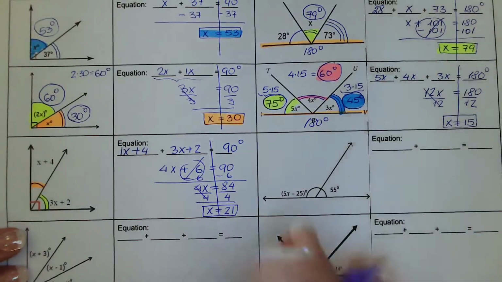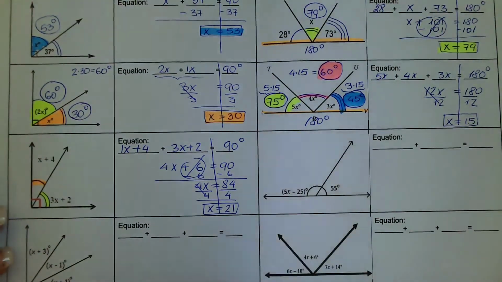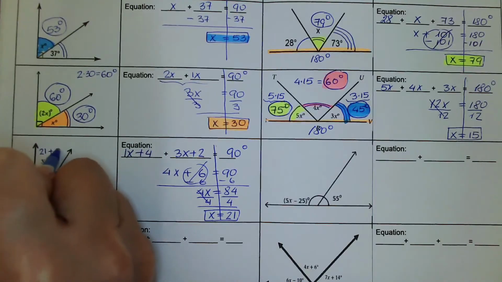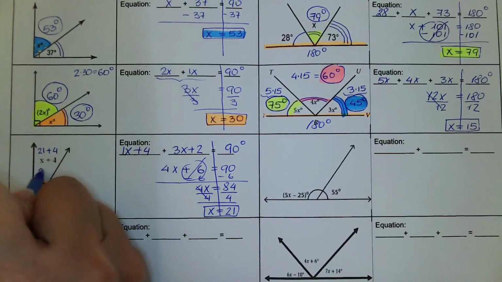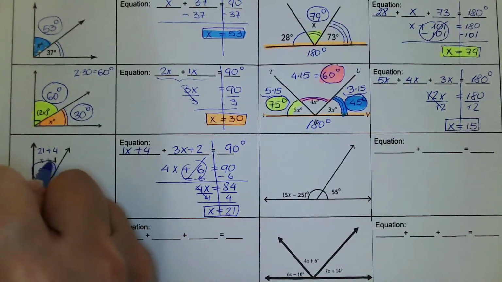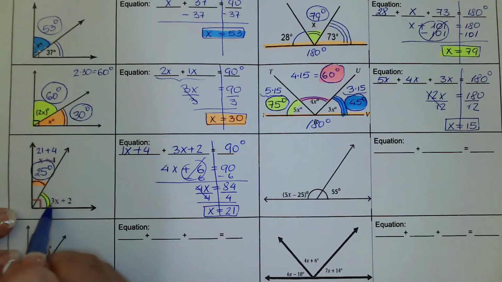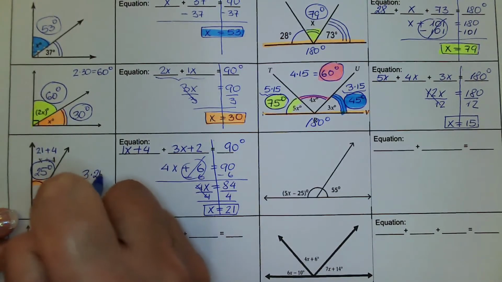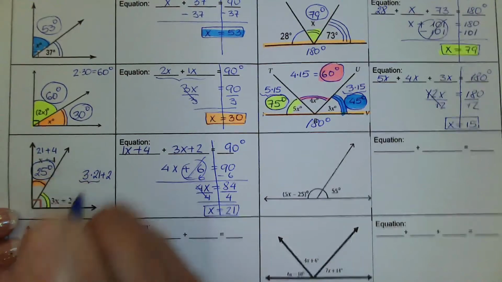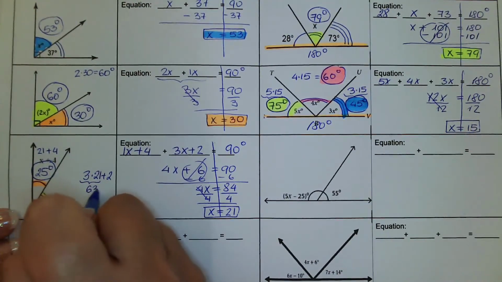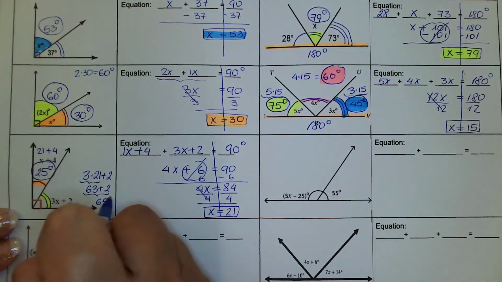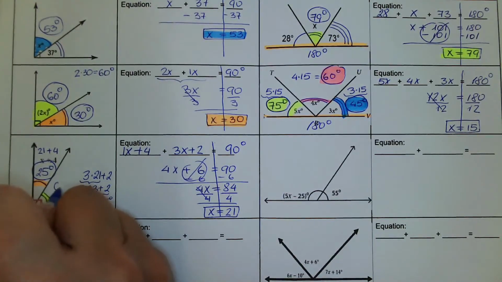Now, the x value is 21. So here we substitute 21 plus 4, and that's 25 degrees. In this expression, we substitute 3 times 21 plus 2. 3 times 21 would be 63 plus 2, 65. And now we check.